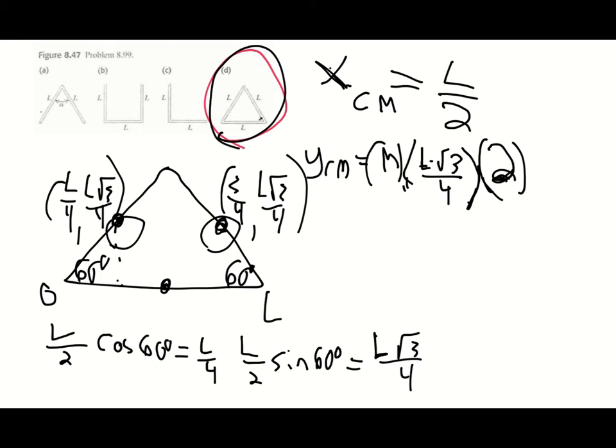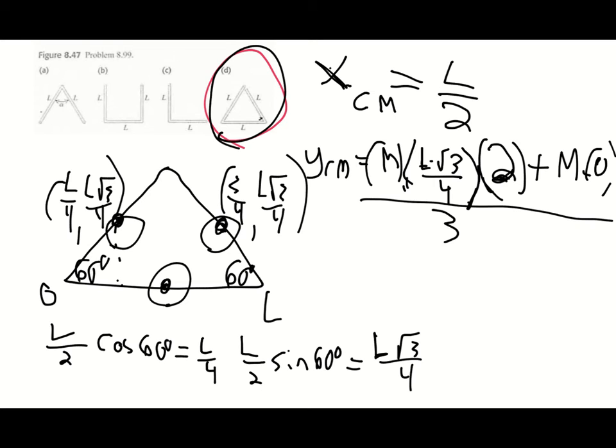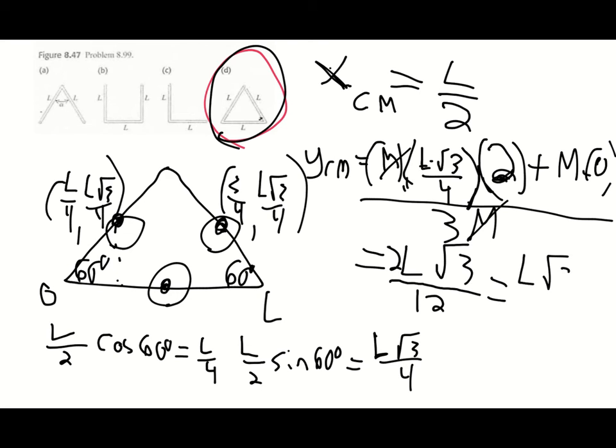And then this one is just going to be 0. That's all going to be divided by 3m. Again, all the m's are going to divide out. And we're going to have 2L root 3 over 12, which is going to be L root 3 over 6.